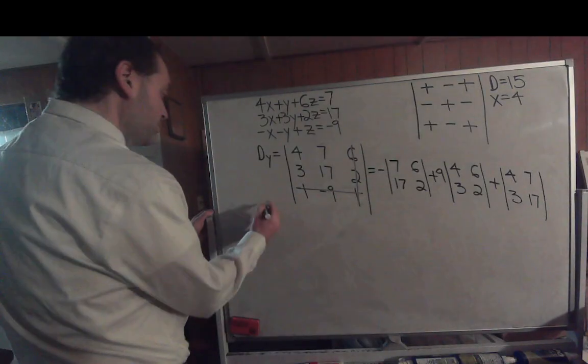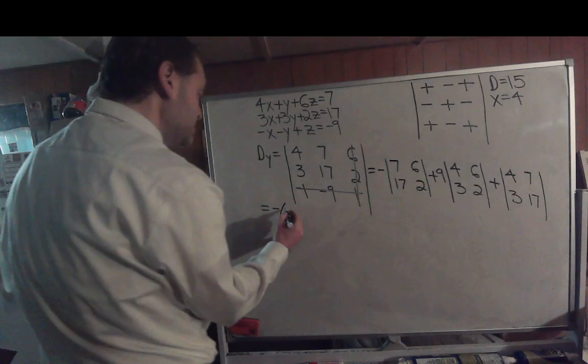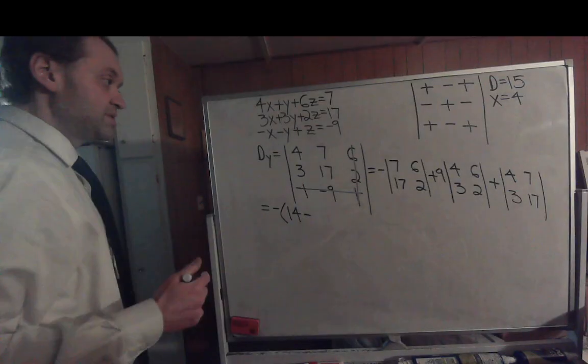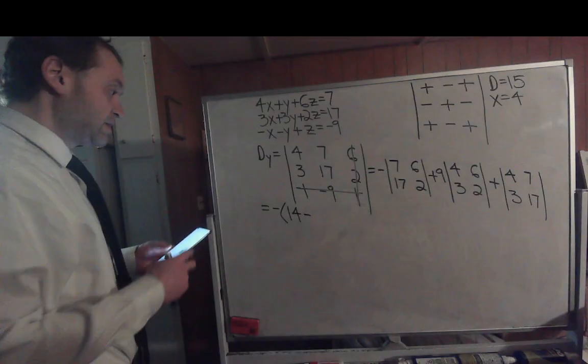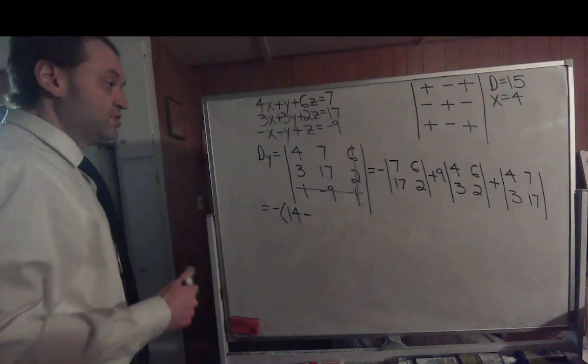Now let's evaluate them. So negative of the first one, 7 times 2 is 14. This will be minus 6 times 17, which will be minus 102.